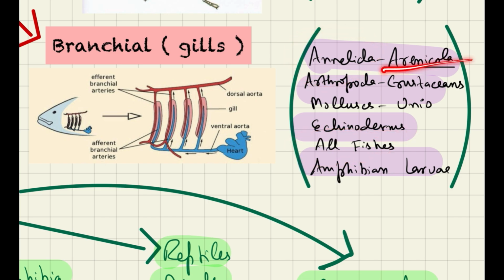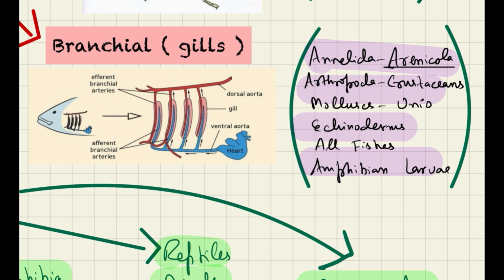Example is arenicola. In arthropoda it is seen in crustaceans. In mollusks it is seen in unio. In echinoderms it is also seen in some cases, and in amphibian larvae like tadpole larvae we can see that gills are the main respiratory organs.